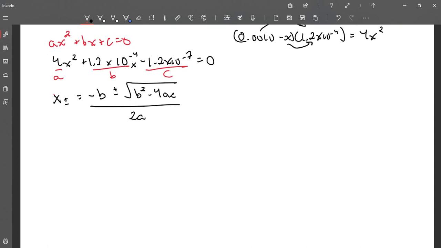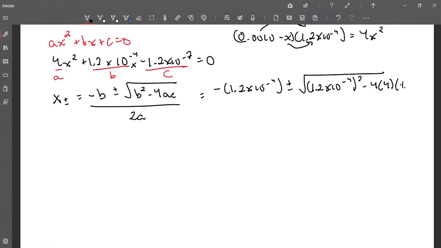All right, here's our quadratic equation. We can plug in our a, b, and c values, and we get negative 1.2 times 10 to the negative 4 plus or minus, okay, all of that, and draw a straight line, all of that over 2 times a, which is 4.